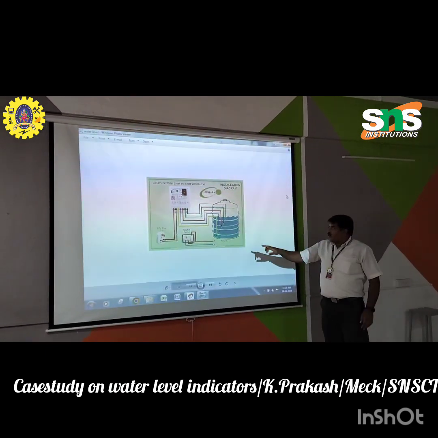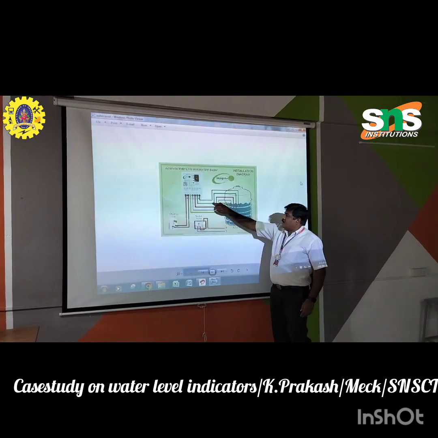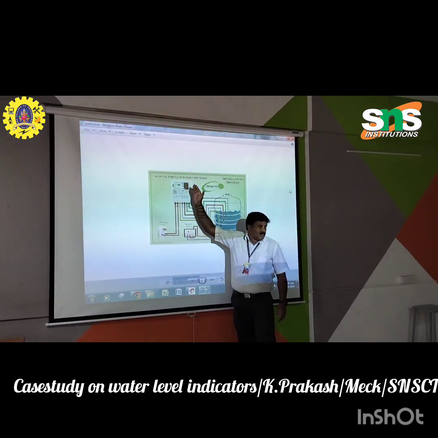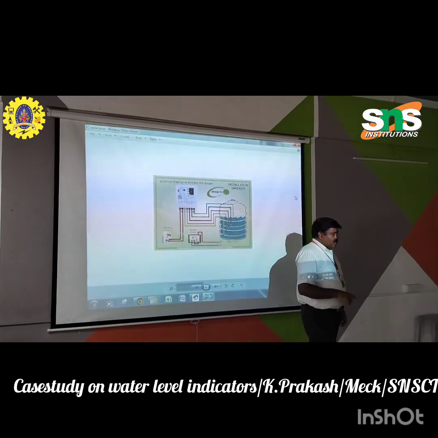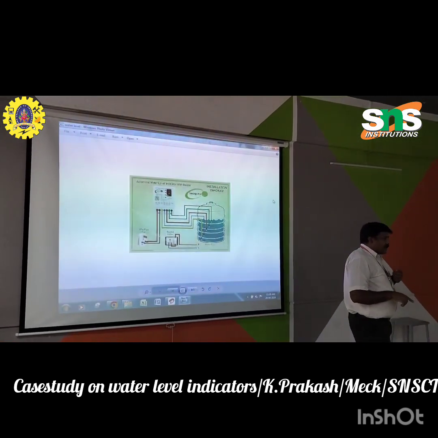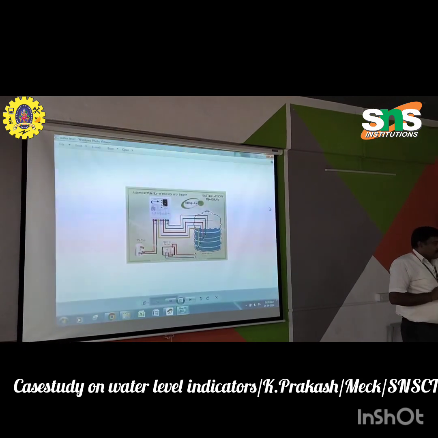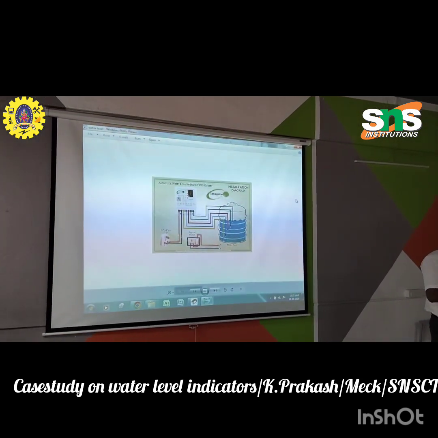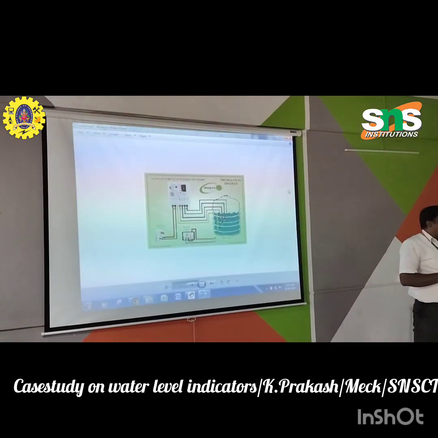When the water level reaches here, it automatically senses and the power switch is switched off. The power is disconnected, so the motor is switched off. This takes place automatically, not manually.